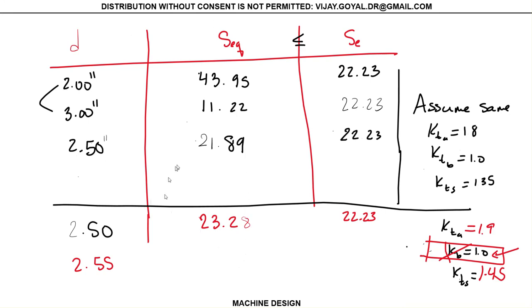So when I solve this, I find this gives me 22.10. This is actually pretty close to your endurance limit, and you can see that this number is still less than this, so this is actually going to be infinite life. So this is the number, this is the recommended diameter.